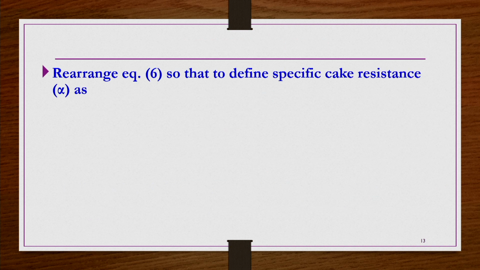Now we are coming to the position where we can develop equations for the two different resistances we have in cake filtration: one is the cake resistance, another is the filter medium.